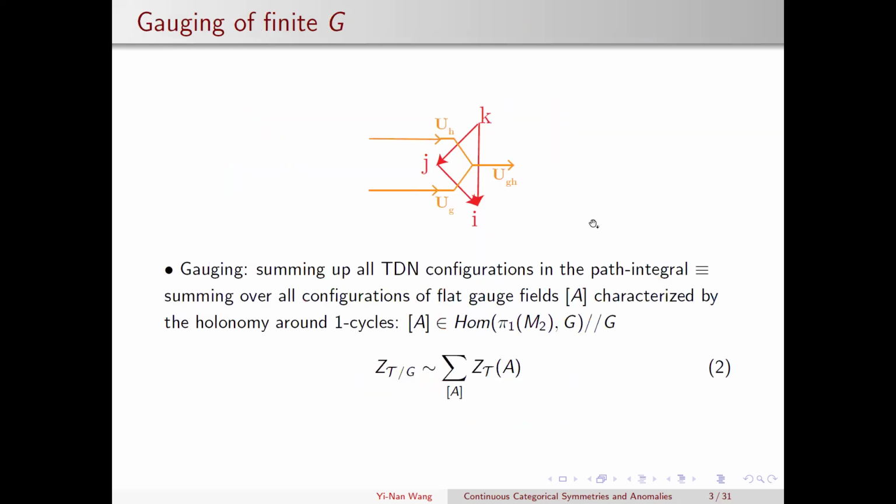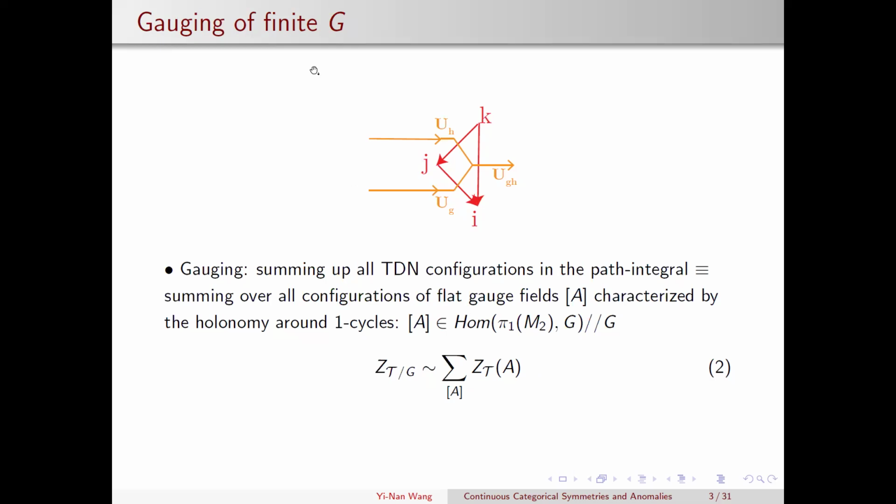And then what about gauging the finite global symmetries? Gauging means that in the partition function, we are summing up all the TDN configurations inserted in the spacetime in the path integral. That will be equivalent to summing over all the configurations of flat gauge fields that are coupled to a system, and the partition function becomes a generating functional encoding the coupling of the gauge field to a physical system.